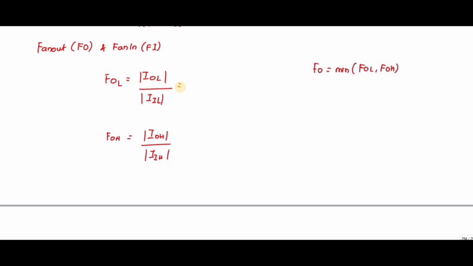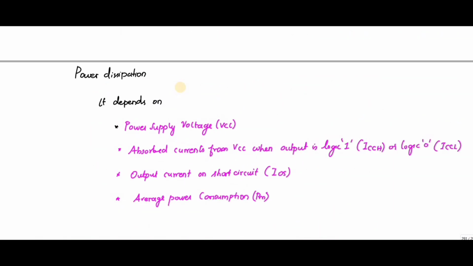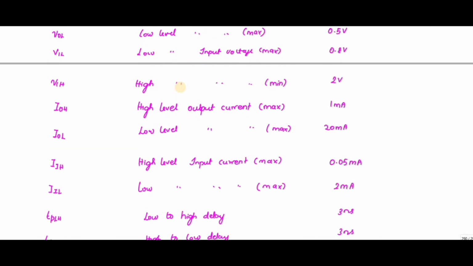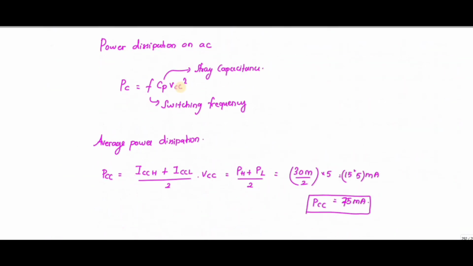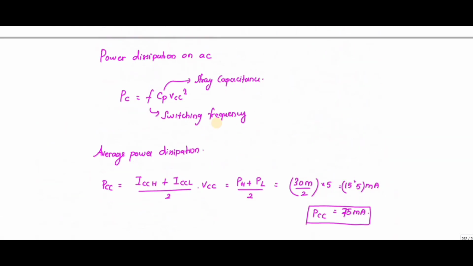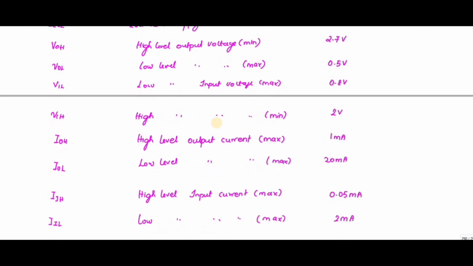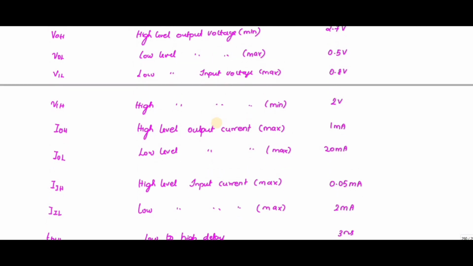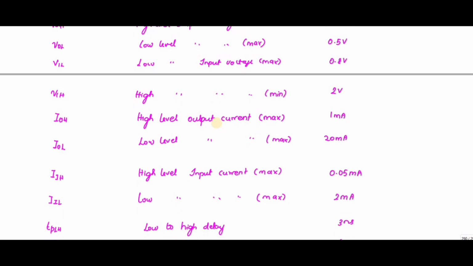So what is IOL? IOL and IOH. This is 1 divided by 0.05. This is T divided by 2.